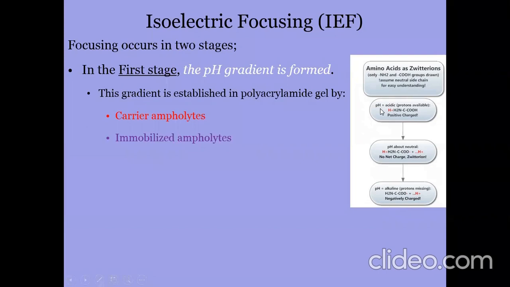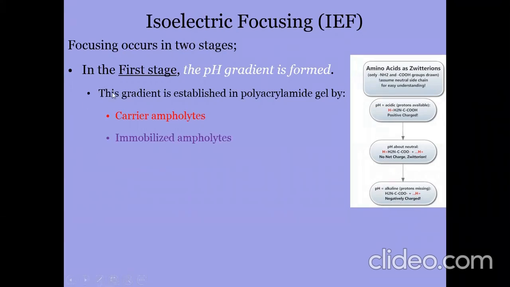When pH is acidic, protons are available, and the amino group will carry a positive charge. If pH is neutral, both ions are zero, there is no net charge, and this is a zwitterion. When pH is alkaline, protons are missing, so it will be negatively charged.